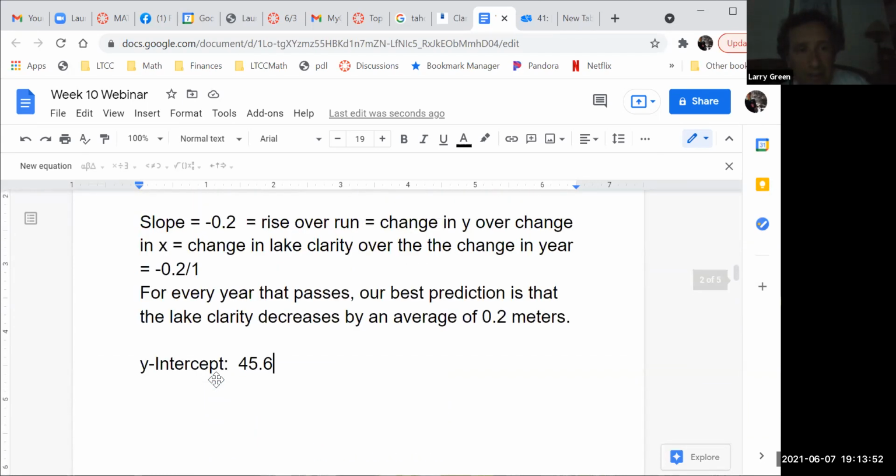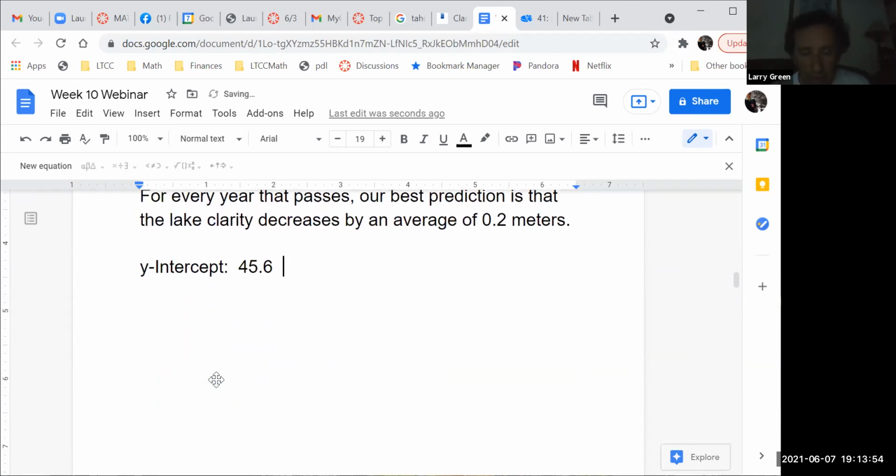So since the year 1900 is far from the data, the y-intercept is not a good predictor.